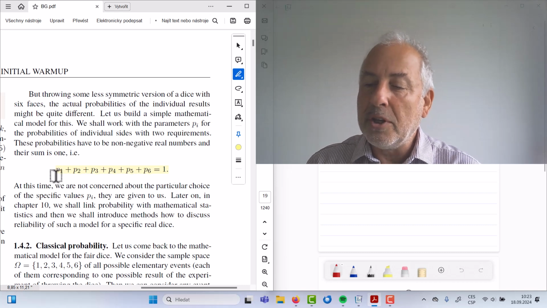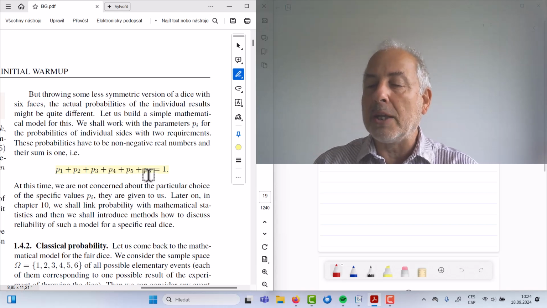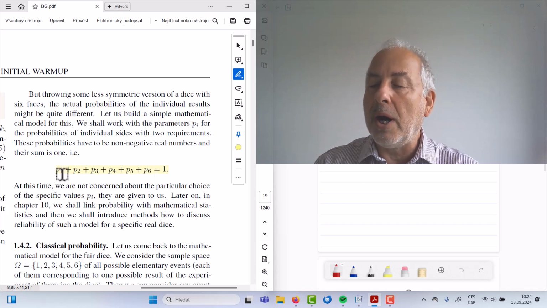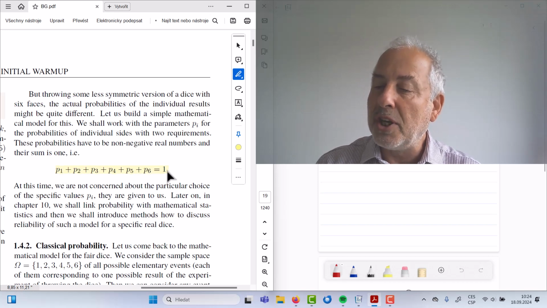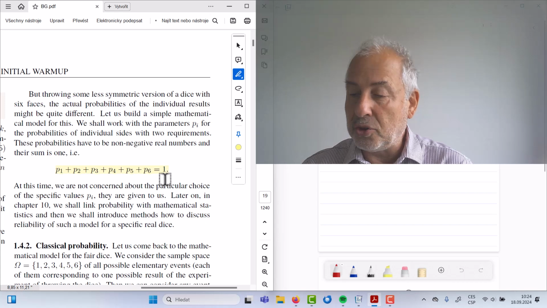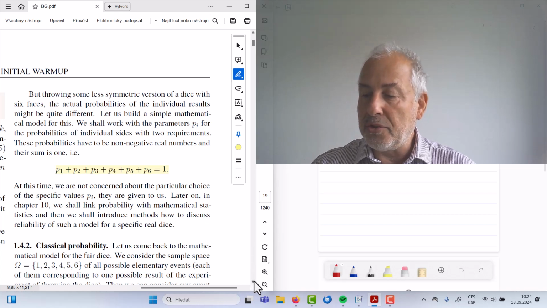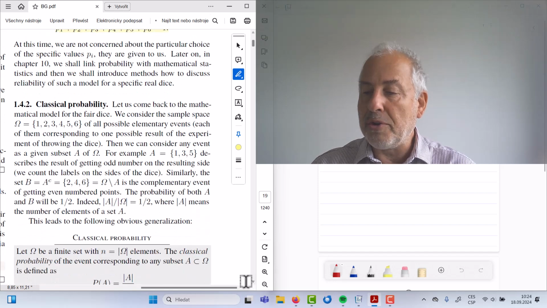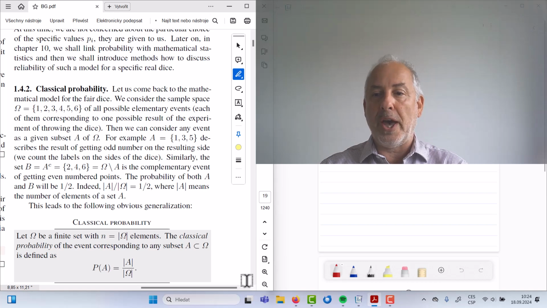We shall have individual probabilities of the individual sides of the dice, but they will not be 1/6. The only requirement we have to pose is that the sum will be 1. And that's not strange, right? That's easy.